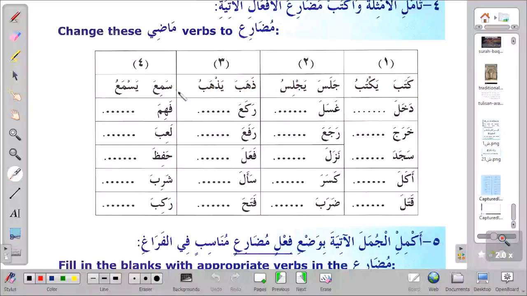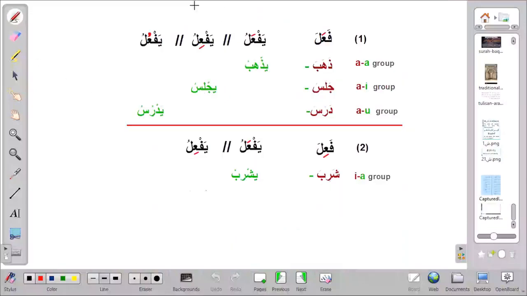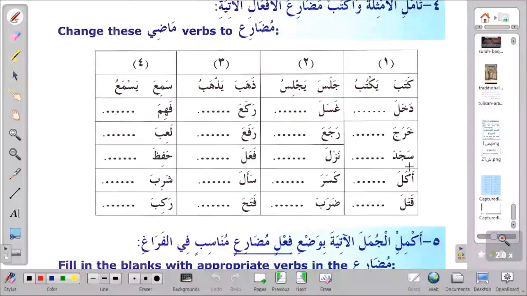Zahaba yazhabu. Sami'a yasma'u. Okay. So as I said, these are just the 4 categories here. Fa'ala yaf'alu, fa'ala yaf'ilu, fa'ala yaf'ulu, and then fa'ila yaf'alu. So what he is doing, see. Always, when we are talking about mudore, look at the ayn kalima. Kataba, fatha. I hope that is clear. Jalasa, fatha.